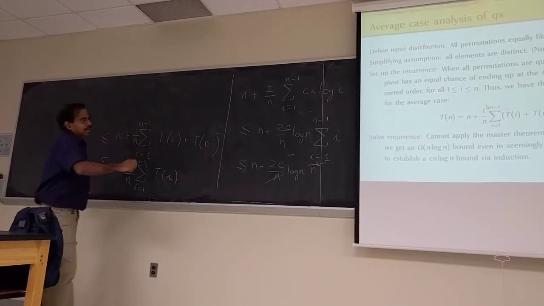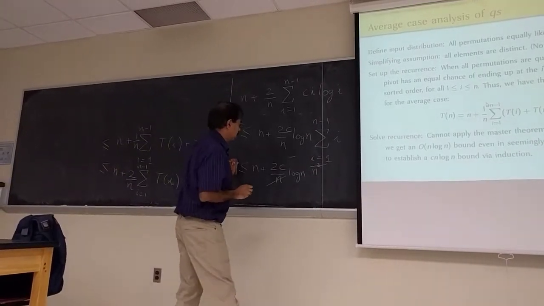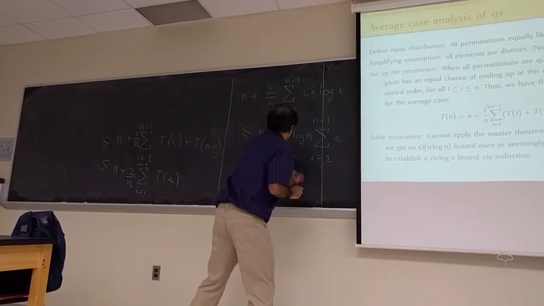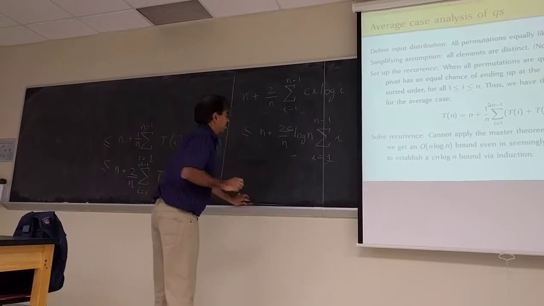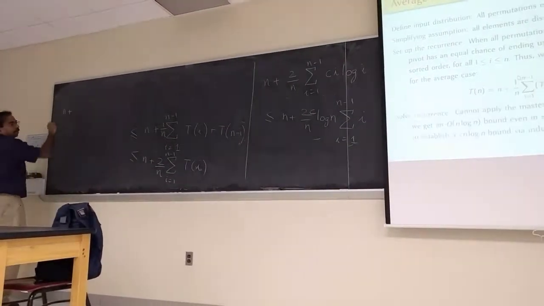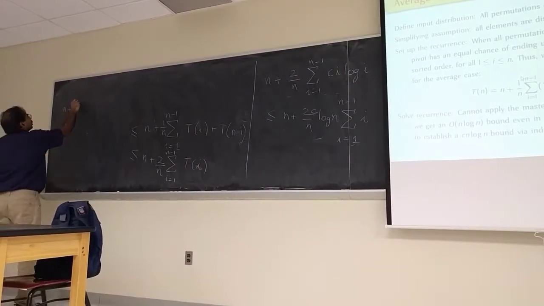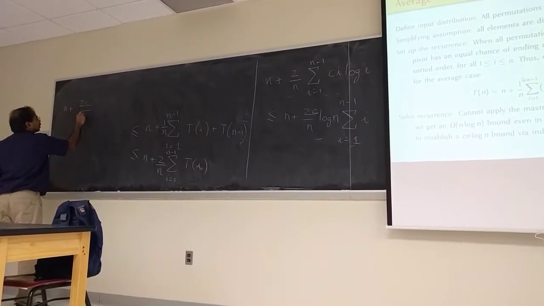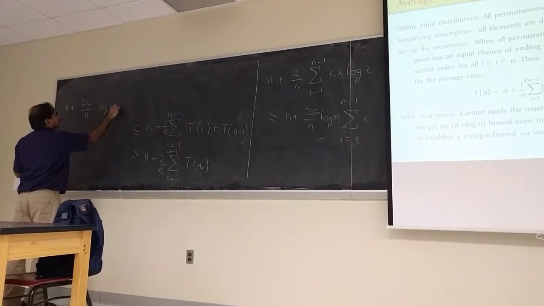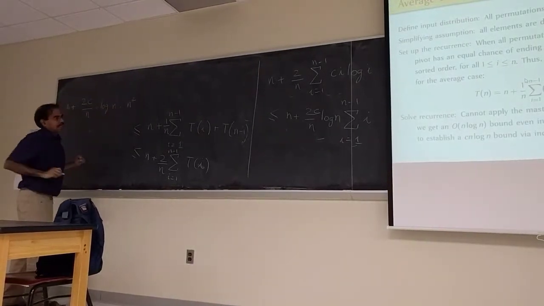Right, so let me erase this and just write it over there where there's more space. So we have (n + 2c) divided by (n log n) times n squared, right?